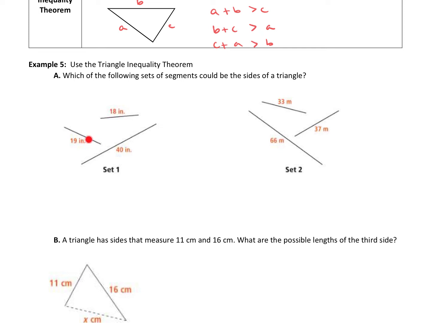We have a side length of 19 inches, a side length of 18, a side length of 40. So our two smallest sides are 19 plus 18, and we get 37. The sum of those two sides needs to be greater than the third side, and our third side is 40. So is 37 greater than 40? It's not, so we cannot form a triangle with these three sides.